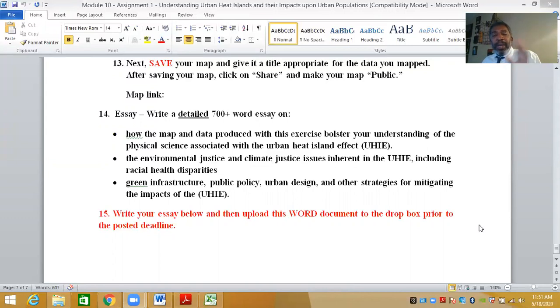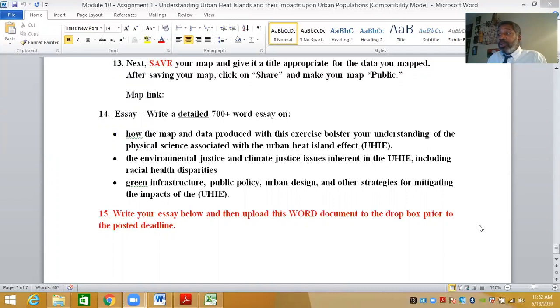Next, you might have to reach beyond into looking at environmental justice, climate justice, racial health disparities. How are all those inherent in the urban heat island effect? And so you can definitely do some research and look up some articles and information on the relationship between urban heat islands, environmental justice and climate justice, and racial health disparities.